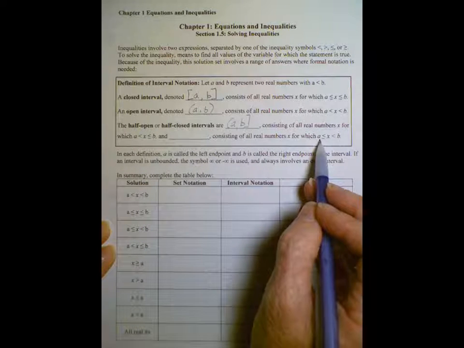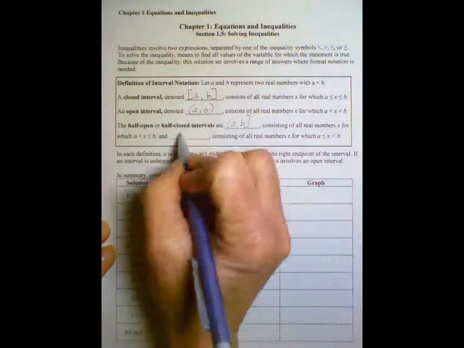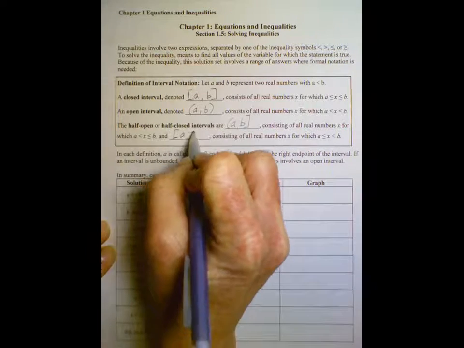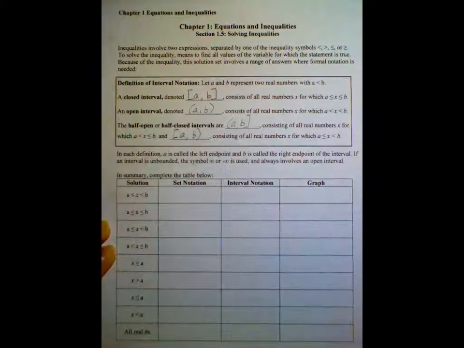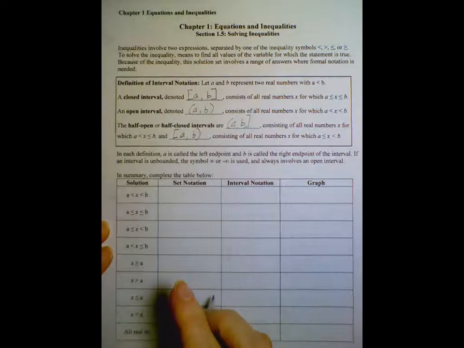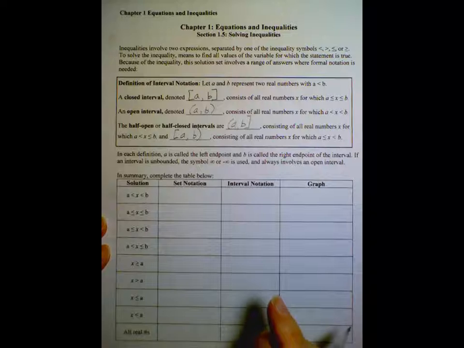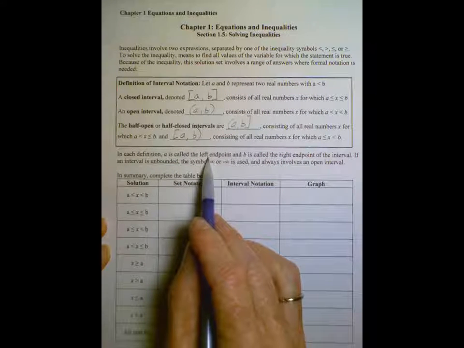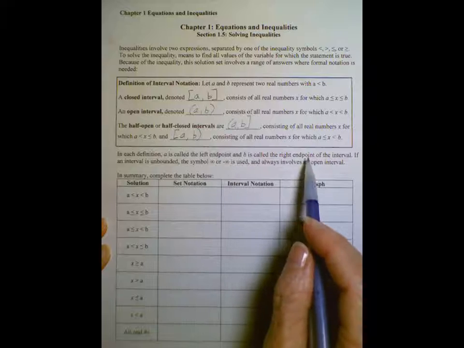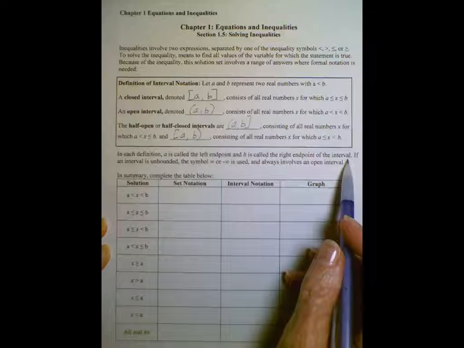Or here it shows it could be equal to A, so we're closed at A, but we're open at B. So that's what we call either half open or half closed, depending on your philosophy of life, I guess. In each definition, A is called the left endpoint and B is called the right endpoint of the interval.